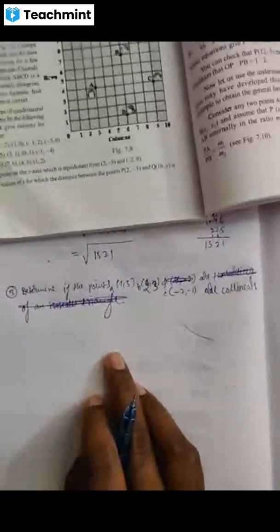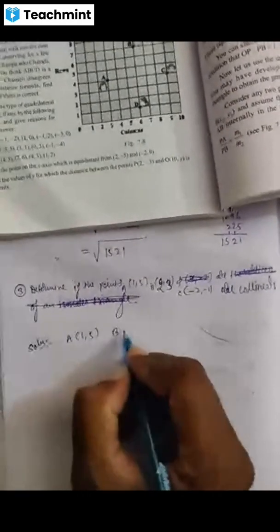Collinear means we have to find the distances between these three points, and the sum of two of them should be equal to the third, then it is collinear.